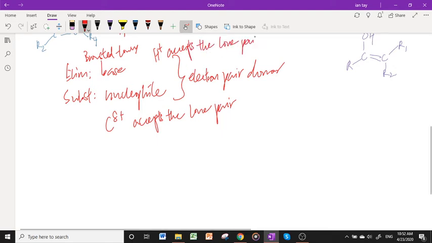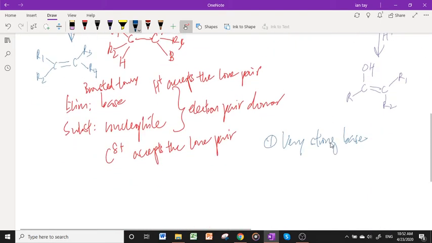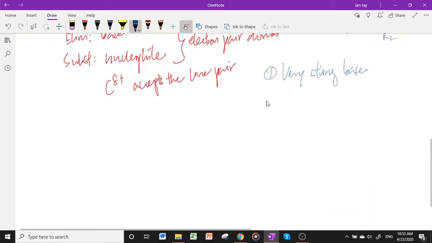So how do we ensure that, say, elimination occurs instead of substitution? There are two ways. Firstly, you use a very strong base. For example, OH minus in ethanol is a stronger base than OH minus in aqueous solution. Why?